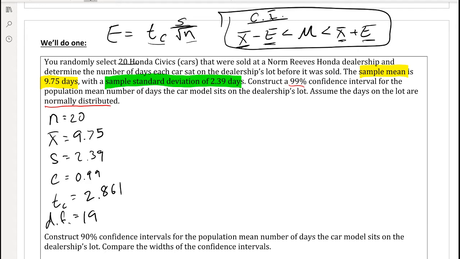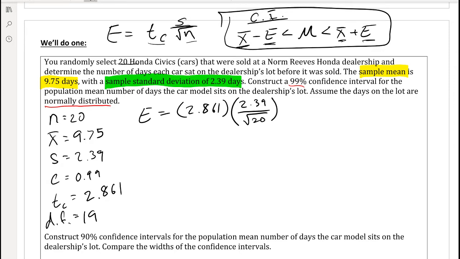Now I have my T critical, my sample standard deviation, and my sample size, which is enough to calculate my margin of error. E is equal to T of c, which is 2.861, times the sample standard deviation, which is 2.39, divided by the square root of 20.